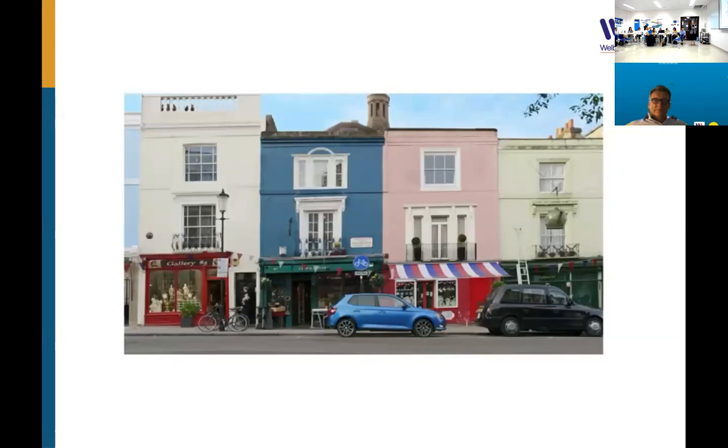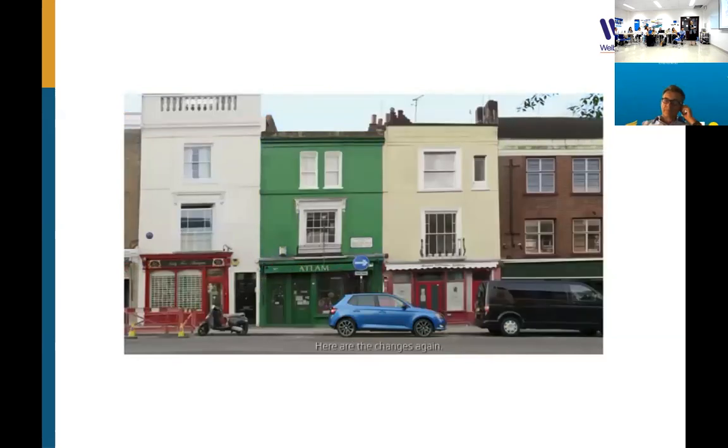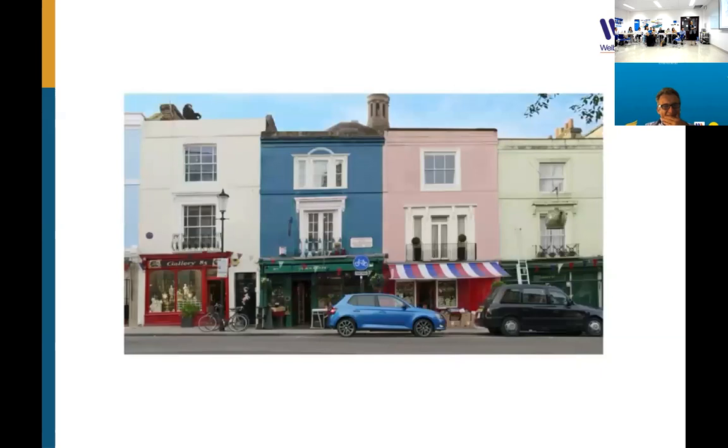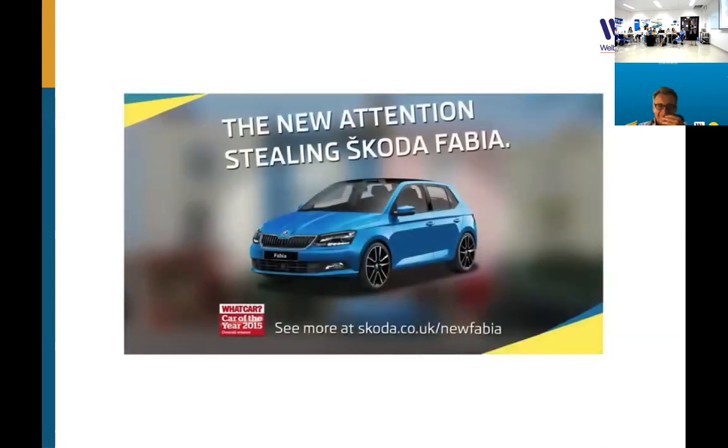Well, not quite. But did the attention-stealing design distract you from noticing that the entire street has been changing right before your very eyes? Don't believe us? Have another look. Did you spot the van changing to a taxi? How about the scooter changing to a pair of bicycles? Or the lady holding a pig? Let alone the fact that the entire street is now completely different. Didn't think so. So there we have it. Proof that the new Skoda Fabia is truly attention-stealing.